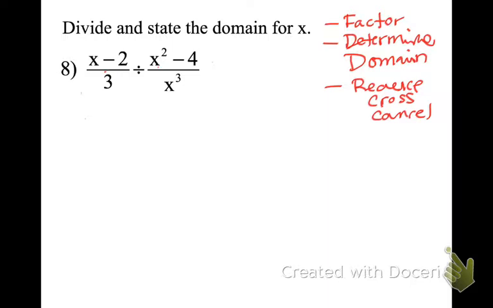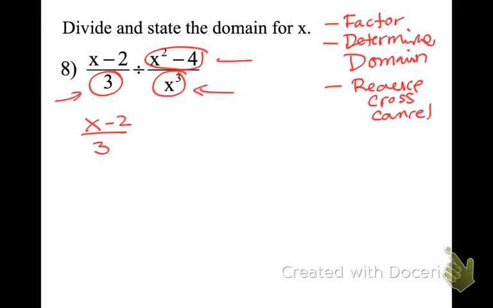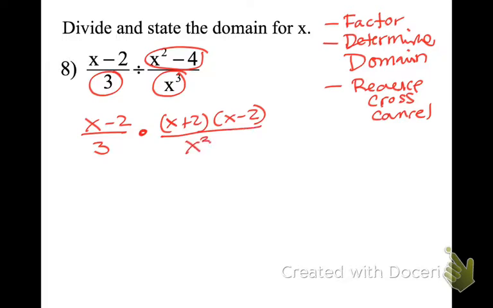I erased it. Okay, I'm going to first factor that, and so then I have x plus 2 times x minus 2. So for my domain all over x cubed, I have to deal with that x cubed.